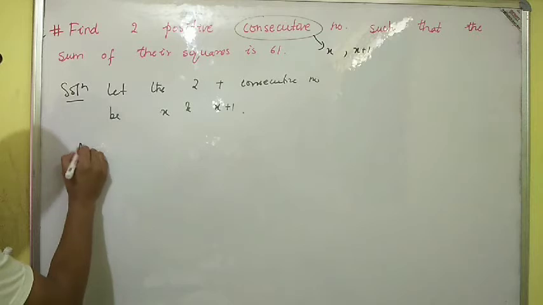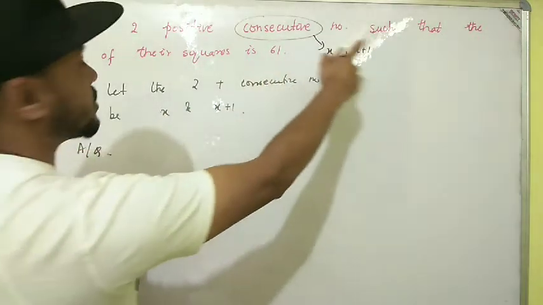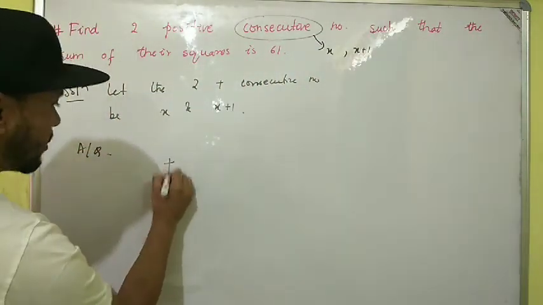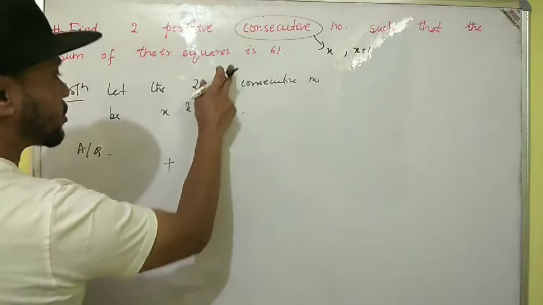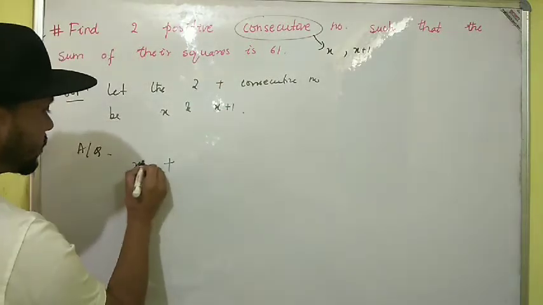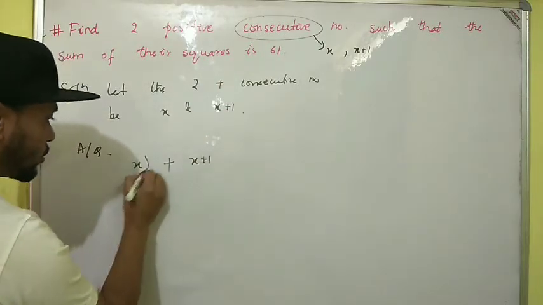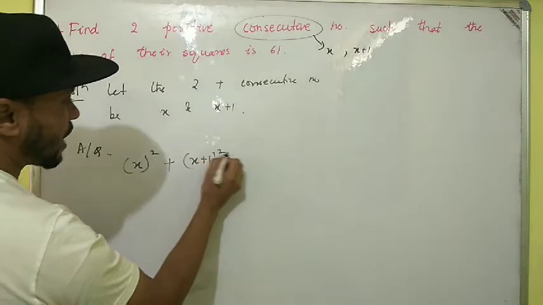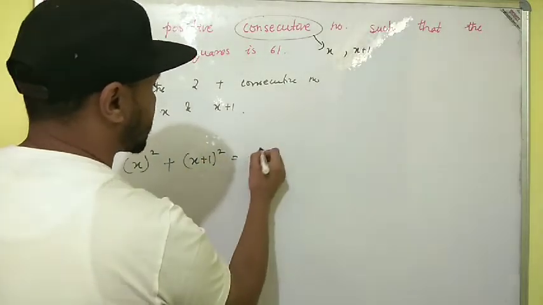Therefore, according to the question, the sum of their squares, these being x and x plus 1, is equals to 61.